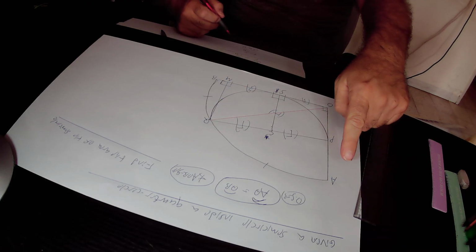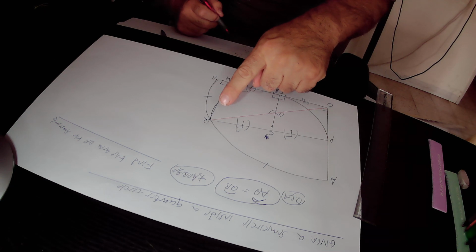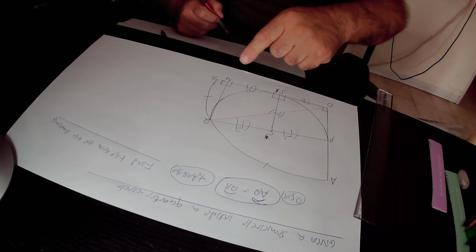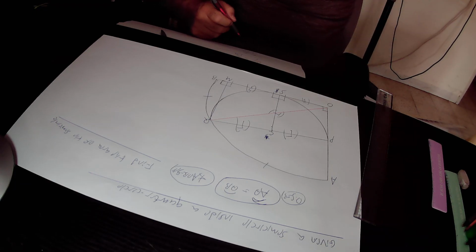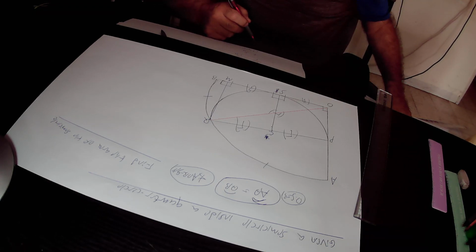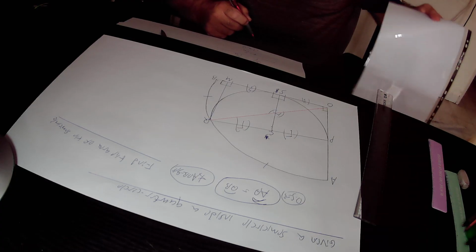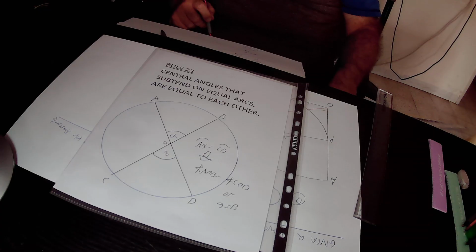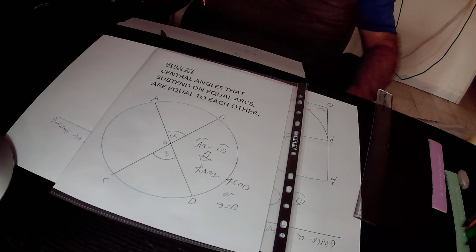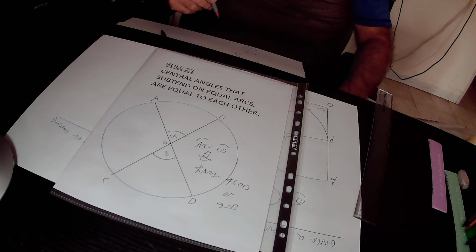Again, according to what is given, arc KQ is equal to arc QB in size. And therefore, we can implement rule 23. Let me repeat quickly rule 23: according to rule 23, inscribed angles that subtend equal arcs are equal to each other. You know, drawing a circle.